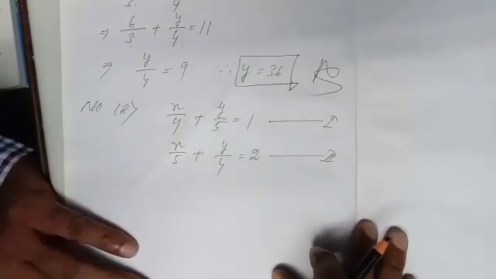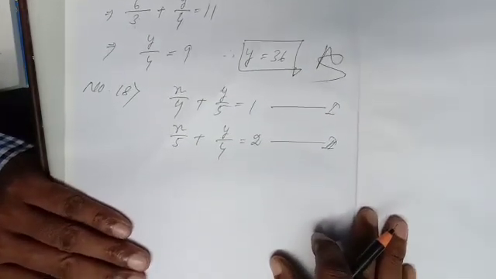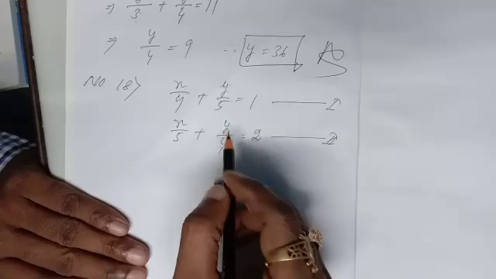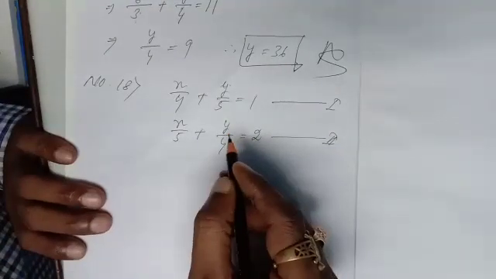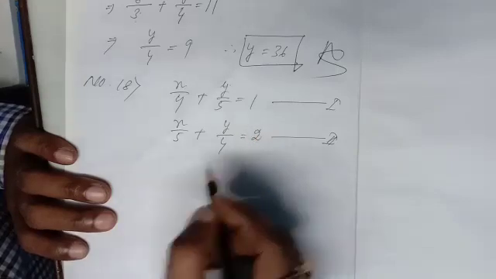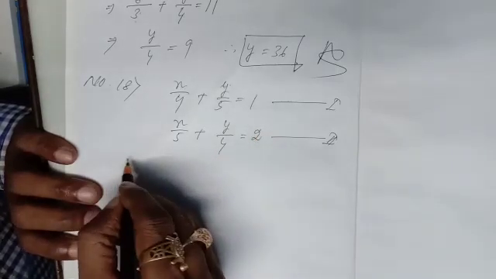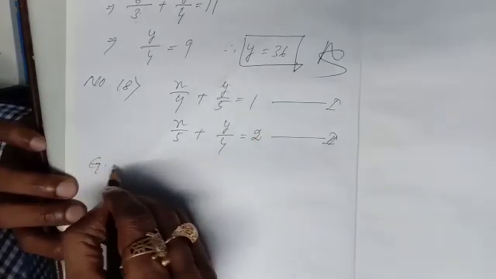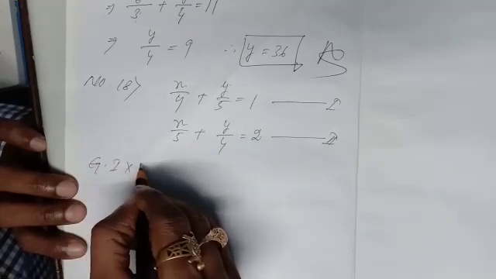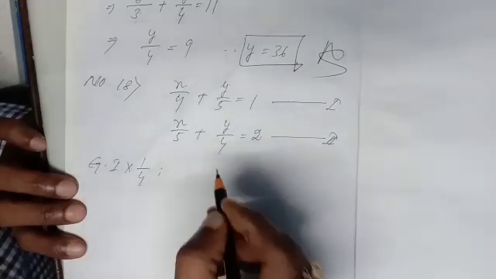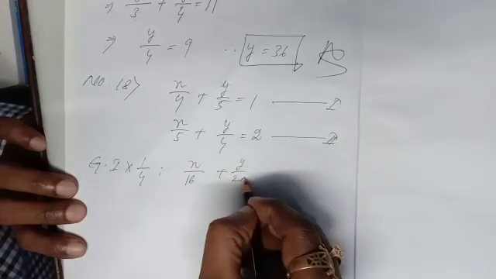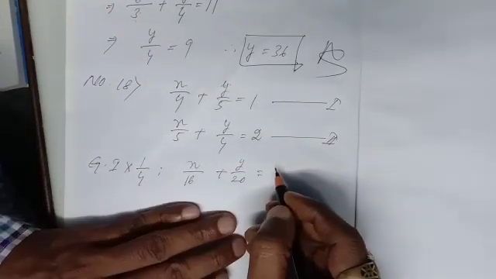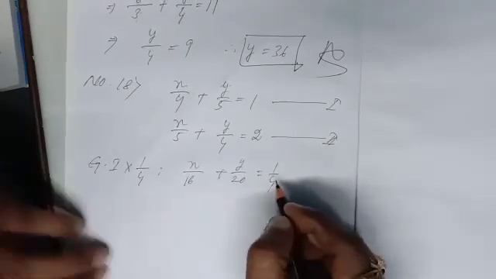See here, if you follow the elimination method, you have to make y equal. Here y by 5, but here y by 4. If you take the LCM, it will be better as you like. Equation 1 into 1 by 4, then this will be x by 16 plus y by 20 equal to 1 by 4.